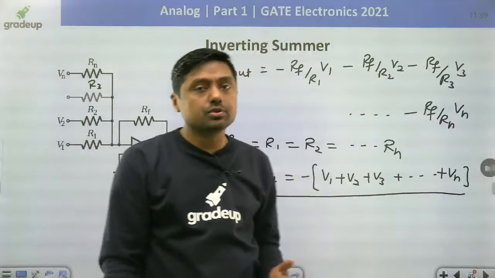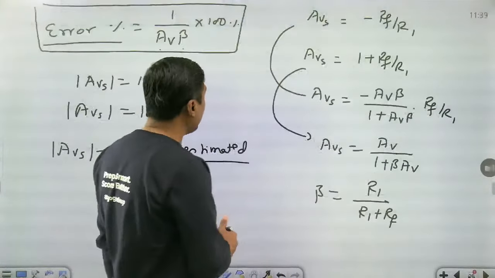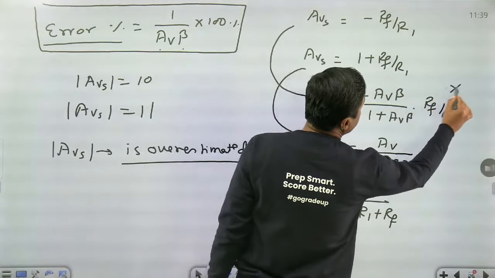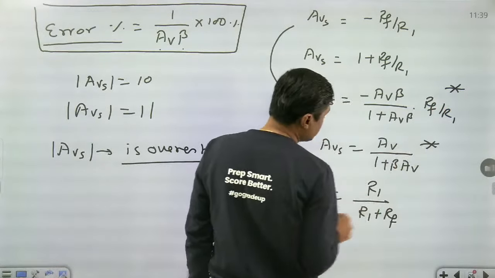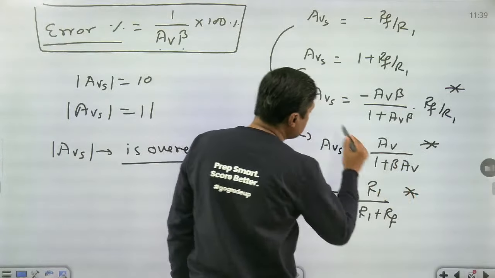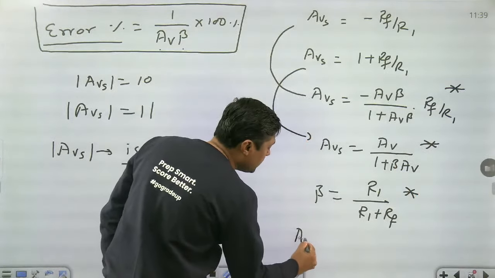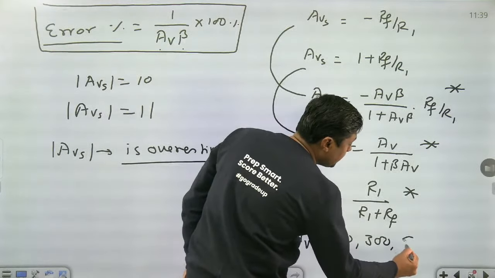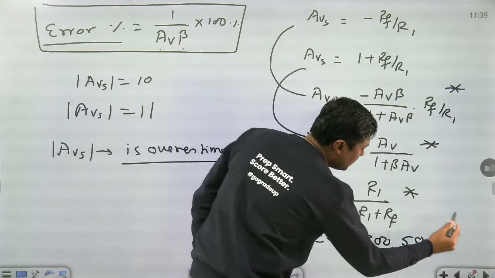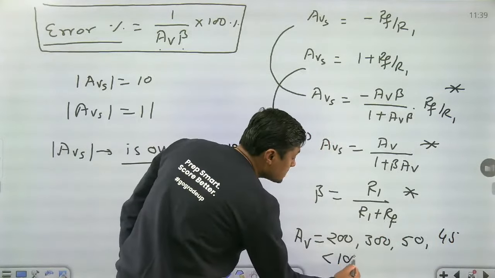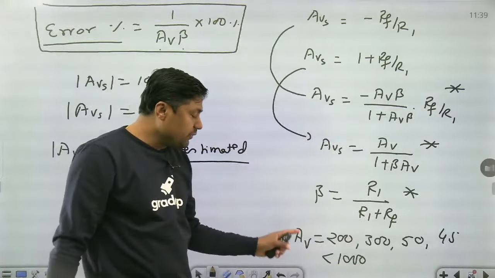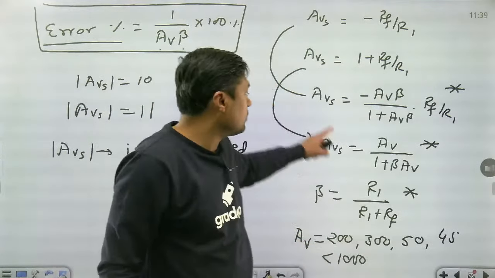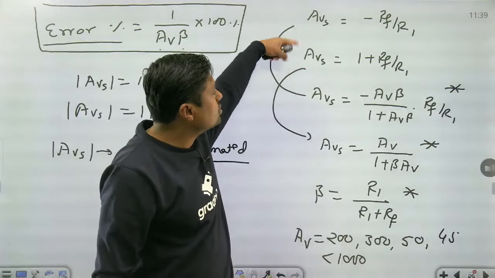But if in a particular question the open loop gain is given as, say, 200 or 300 or 50 or 45, normally less than 1000, then we have to use the exact formula. Otherwise we can use these two approximate formulas.